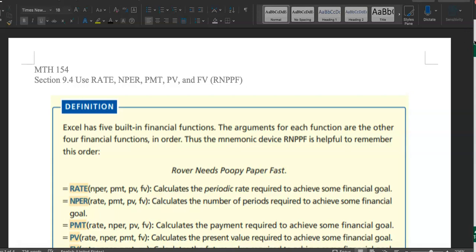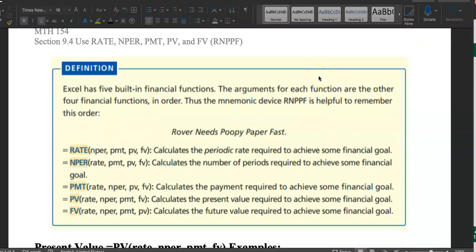We'll go ahead and read these definitions with you real quick, just talking about what are the 5 functions that Excel has that we can use. Excel has 5 built-in financial functions. The arguments for each function are the other 4 financial functions in order.